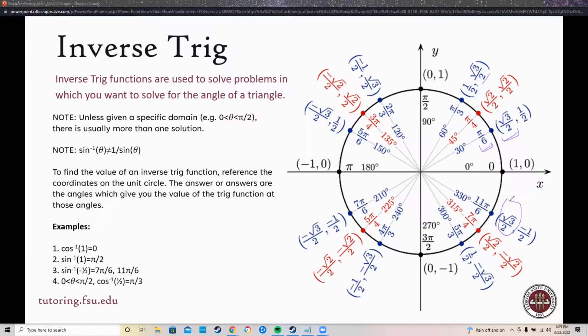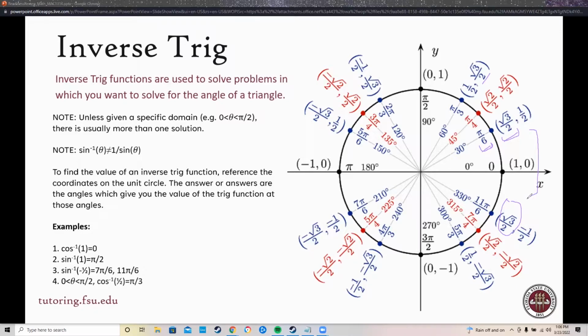So typically with these inverse problems, you actually end up having to write down two different answers unless it specifies. Oftentimes, if it's non-specific, you would say, in that example, inverse cosine of root 3 over 2 is pi over 6 and 11 pi over 6.